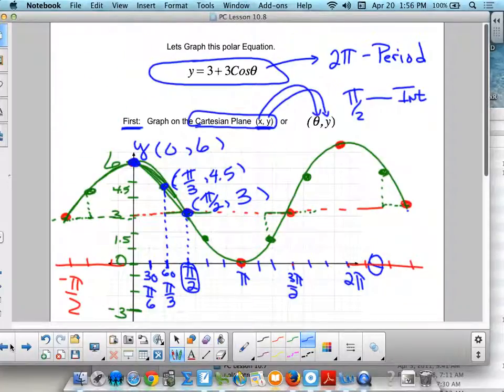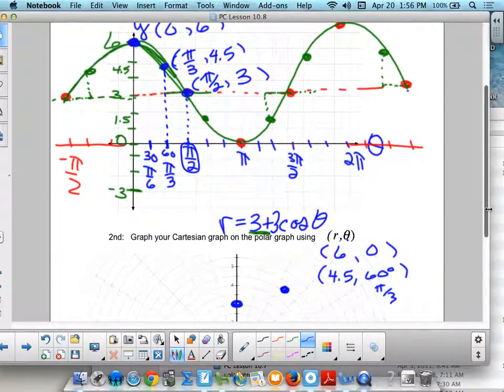Now, let's go back and finish this one. All right, right now, where am I at? I'm at this one right here. What's this point? I know it's up 1.5. Yeah, isn't that 120? 2/3 pi, or 120.